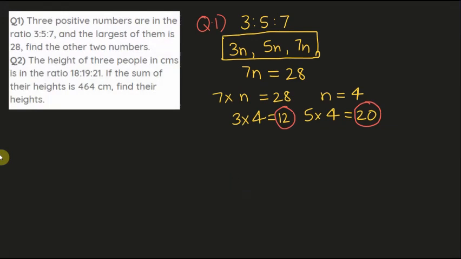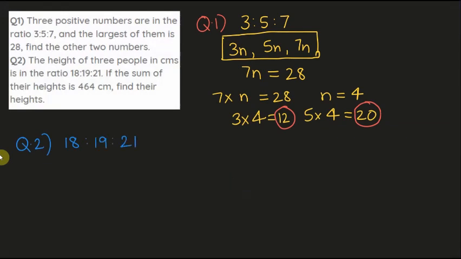Okay, so this might appear a little intriguing at first because the numbers are larger compared to what we've already done. But the method in the end is generic to all, so you don't need to worry. So let's see how we can do the second question. The height is in the ratio 18:19:21, and the sum is 464.